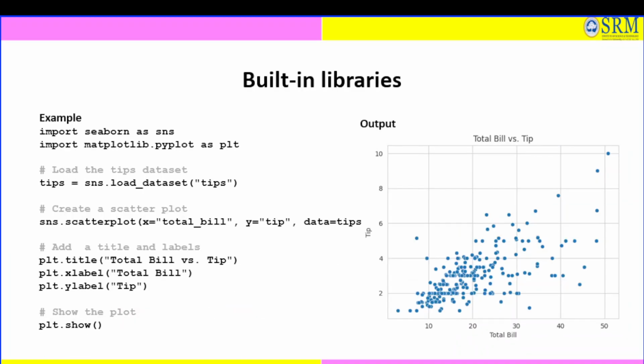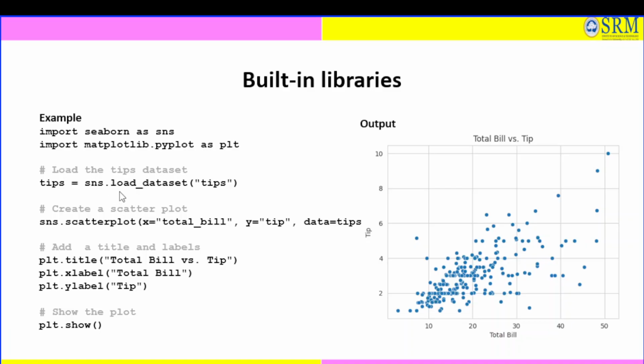And as I said, there are built-in data sets. One good thing is that we can use these built-in data sets, which are called toy data sets. One such example is the iris data set, handwritten recognition, all these things will be there.